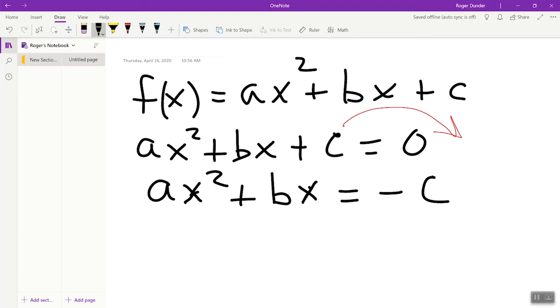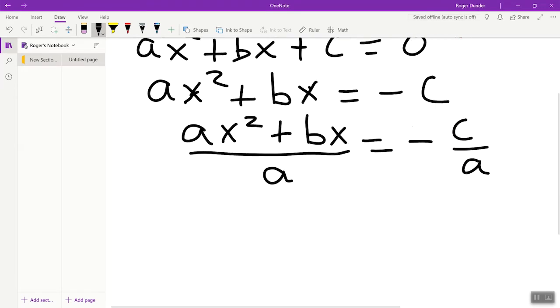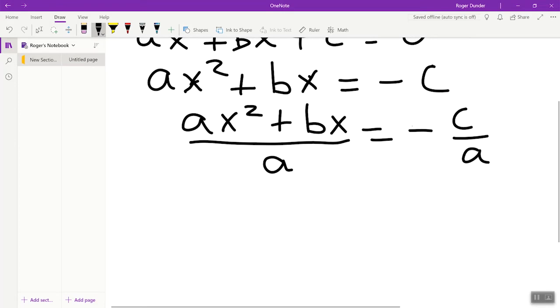So we divide both the left side and the right side by a. So we would have as follows: ax squared plus bx, divide all of that by a, is equal to minus c over a.